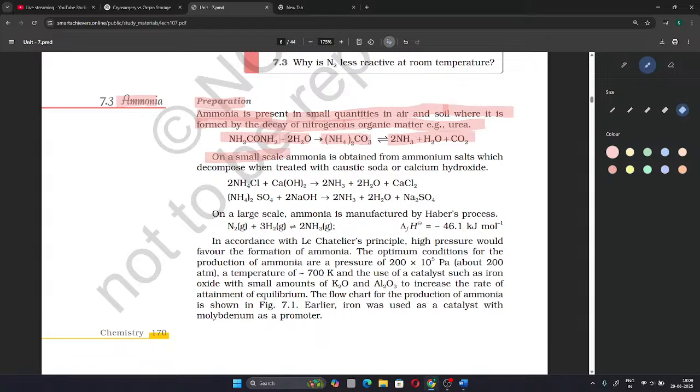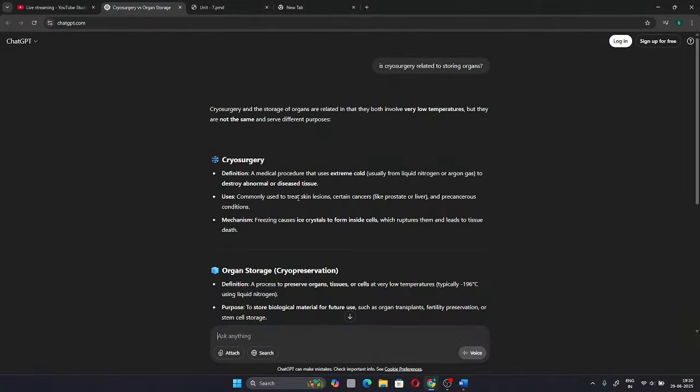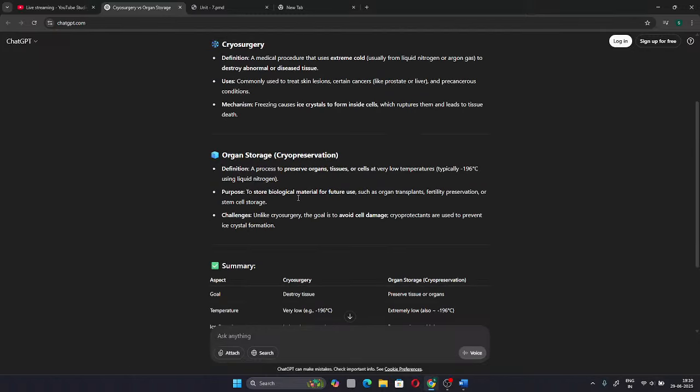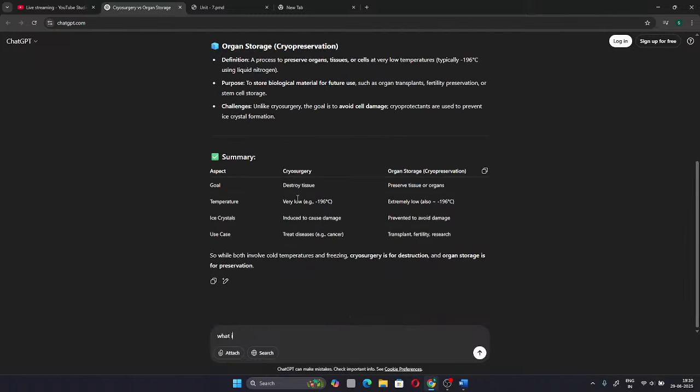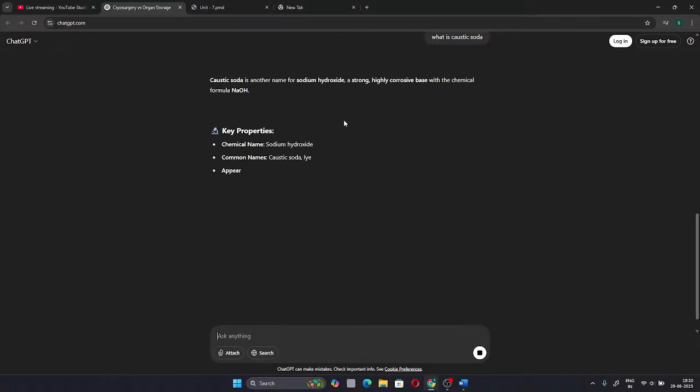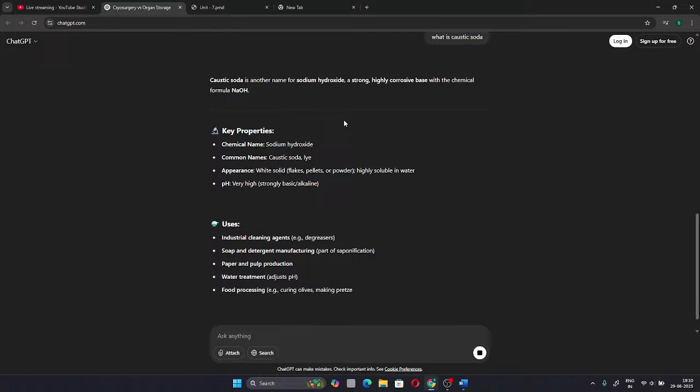On a small scale, ammonia is obtained from ammonium salts, which decompose when treated with caustic soda or calcium hydroxide. What is caustic soda? Sodium hydroxide, okay. NaOH is also called caustic soda.